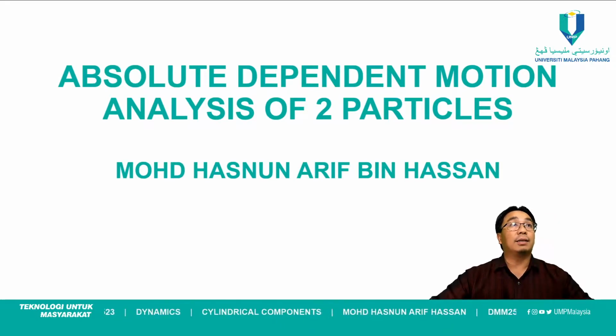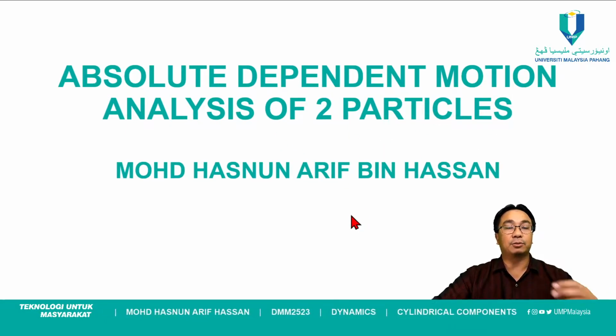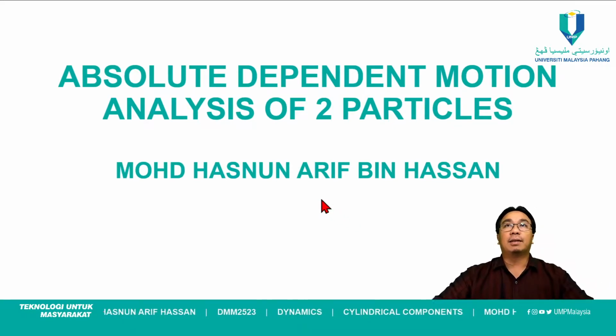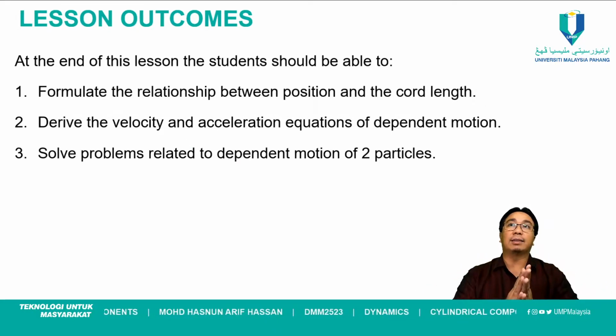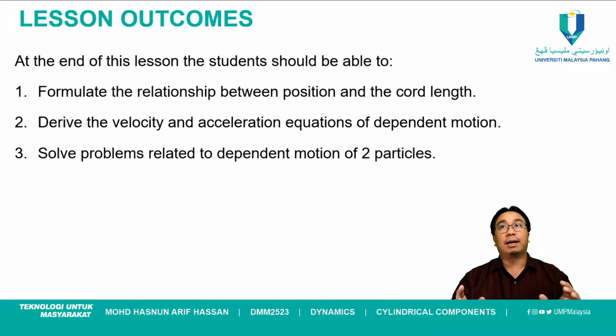So today's lesson is called the absolute dependent motion analysis of 2 particles. Okay, apa maksud dia nanti kita terangkan. Let's look at the outcomes of today's lesson. So at the end of this class, you should be able to formulate the relationship, hubungan di antara position dan chord length.